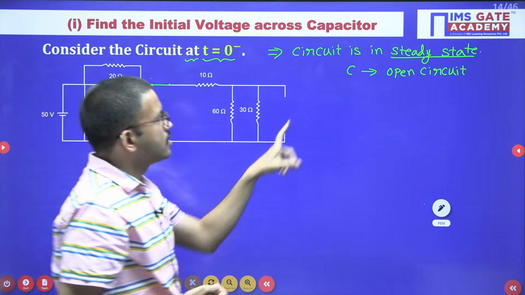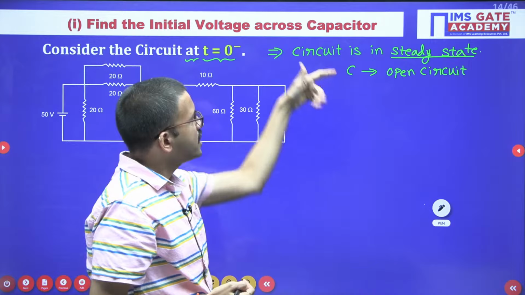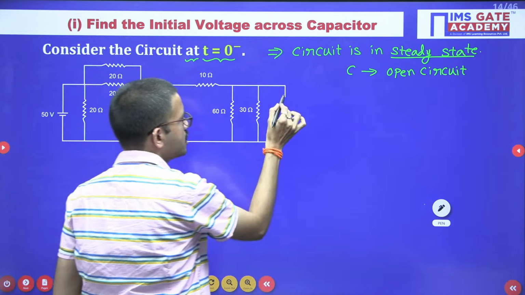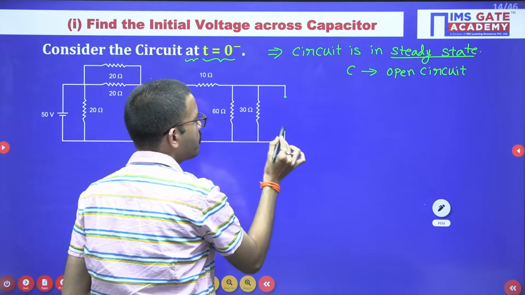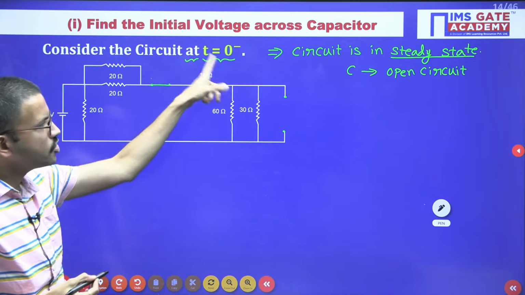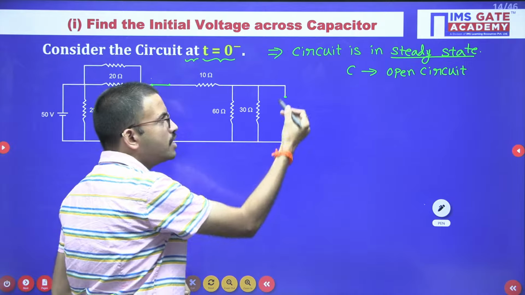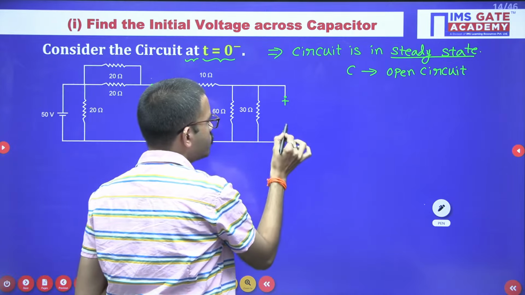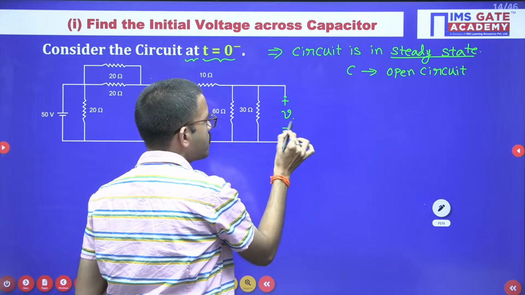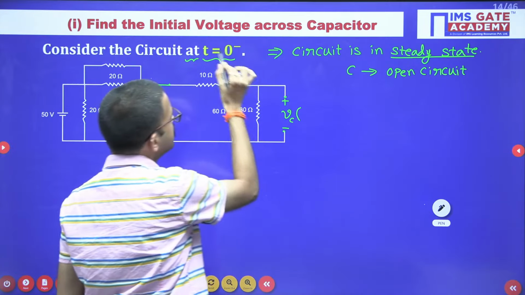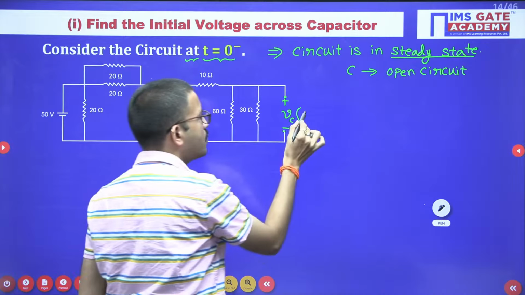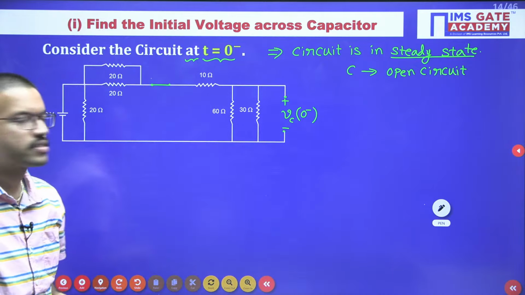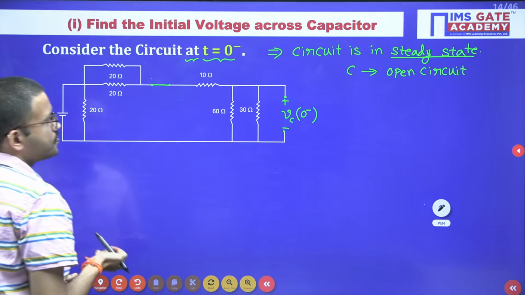I hope all of you know this. In steady state, the capacitor acts as an open circuit. Since I am considering the circuit at t equal to 0 minus, the capacitor becomes open. Across the open circuit terminals, I am calculating the voltage at this particular instant, so that is the reason I am labeling it as VC of 0 minus.